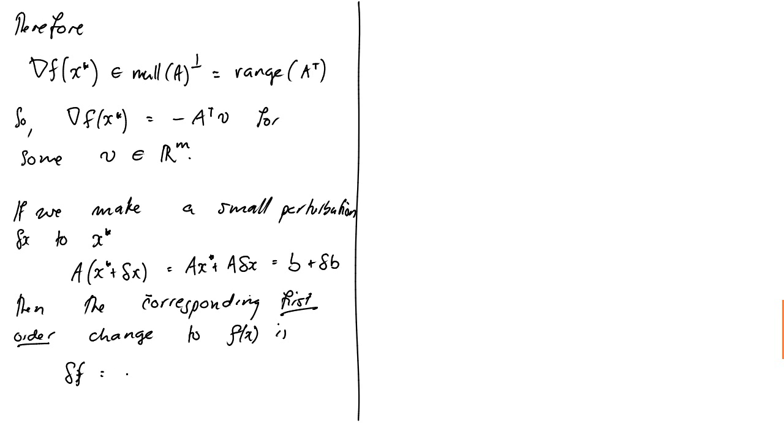Well, we just multiply the gradient by the delta x. And it's more convenient to write it this way around, but we could write it as grad f delta x as well if we wanted. It's just a scalar. And putting that together, we know that delta f is equal to negative A transpose nu.